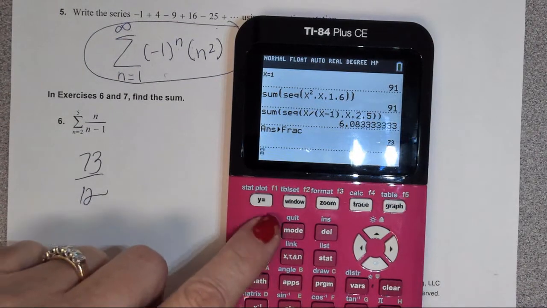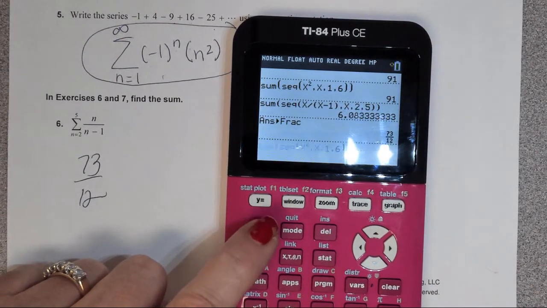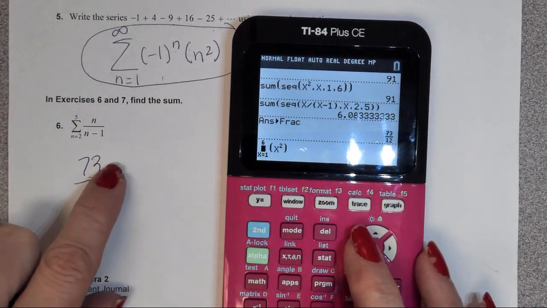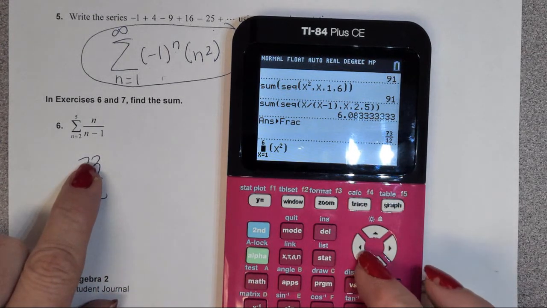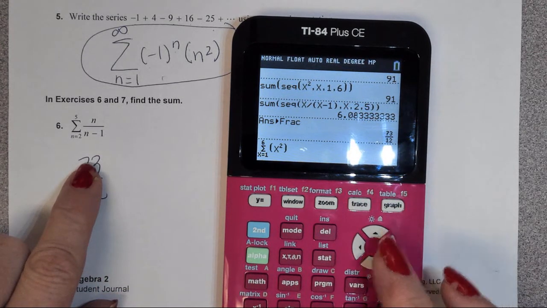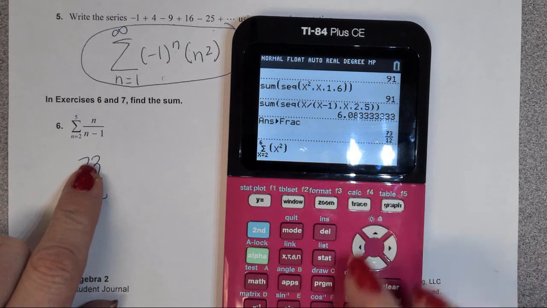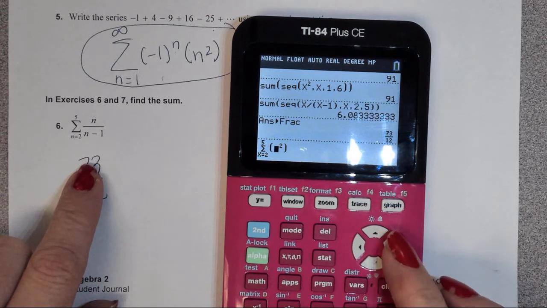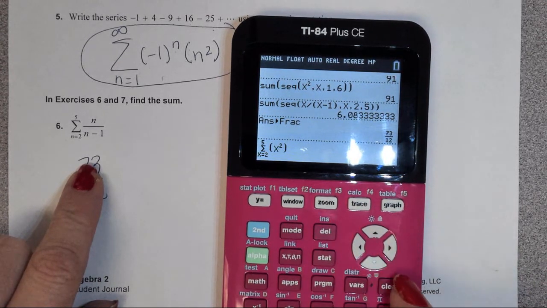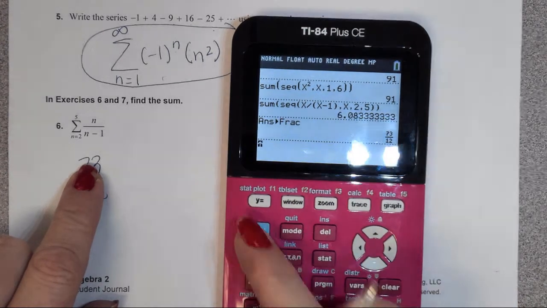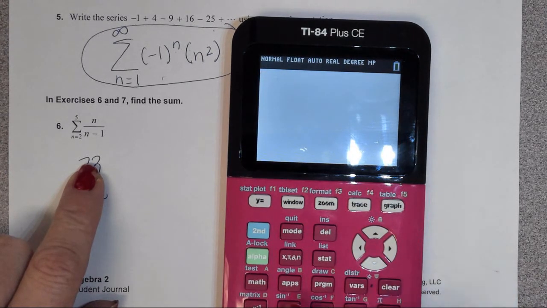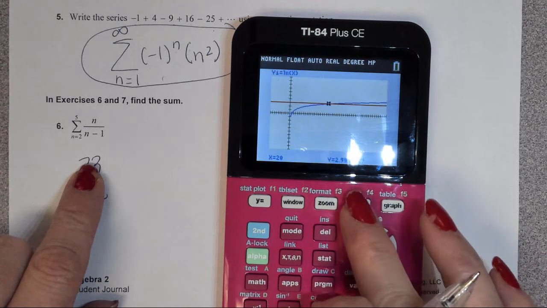Just to double check that we put that in right, I'm going to do second enter, and I'm going to go up to my sigma. I'm going to change this. 2 to 5. Oh, well, I'm just going to retype that in. It's easier just to retype it.